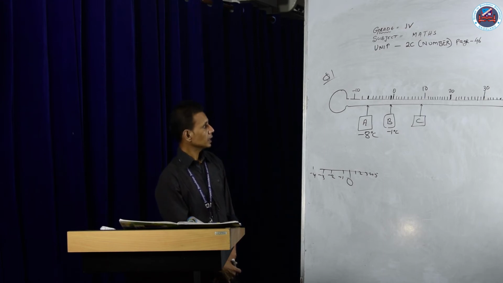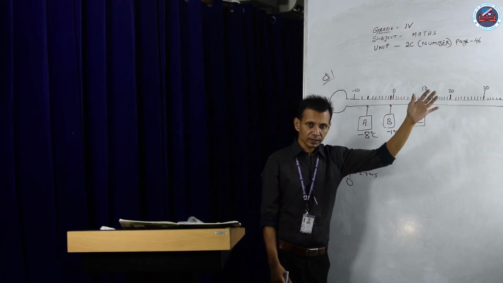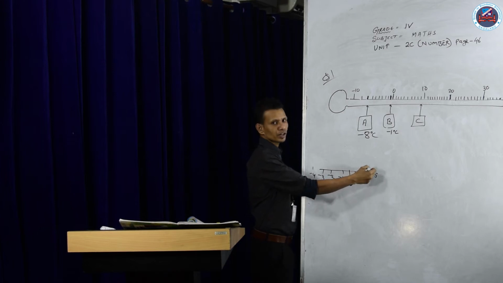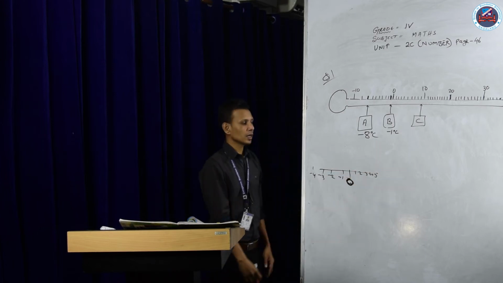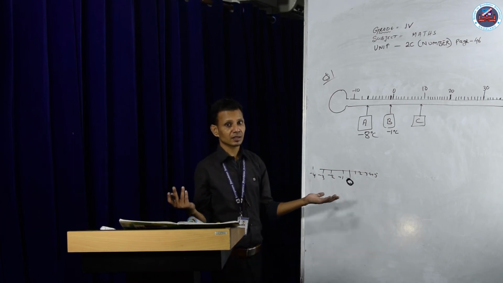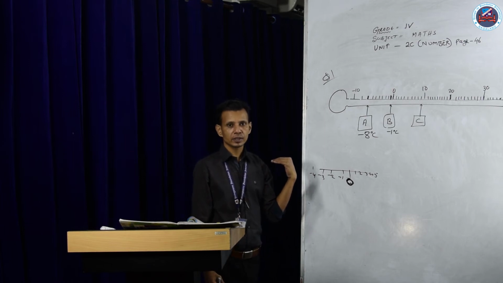Got it? Now what about C? After 0, what will you get? We are using the number line, children. Don't get confused. After 0, right side of zero all are positive numbers, plus. Left side of zero are all negative numbers, minus.